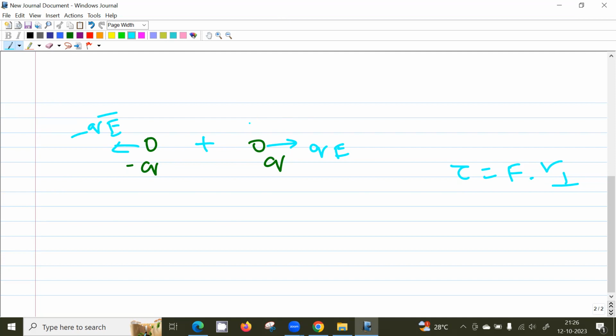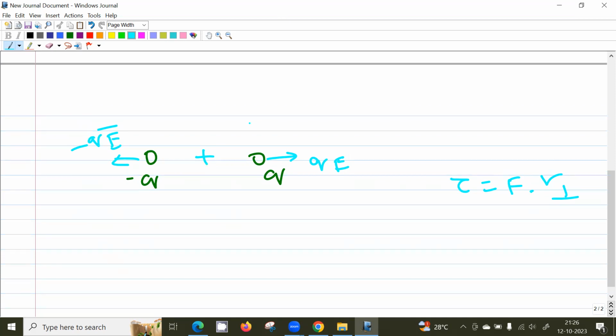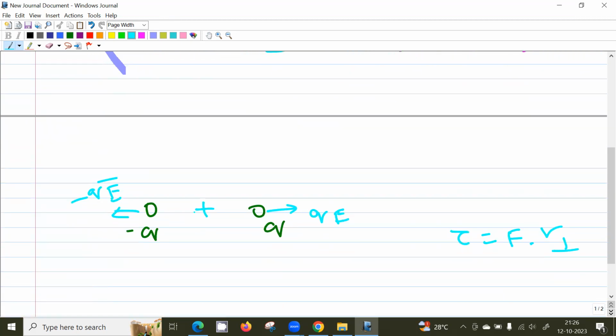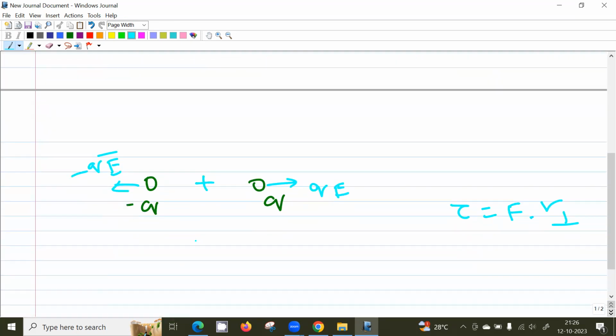In the previous position, the force was here, so the distance of this force from the axis is this distance, the perpendicular distance of the force from the axis. Because of this distance, there will be a torque. But once the force is like this, the torque is 0 because the perpendicular distance is 0.